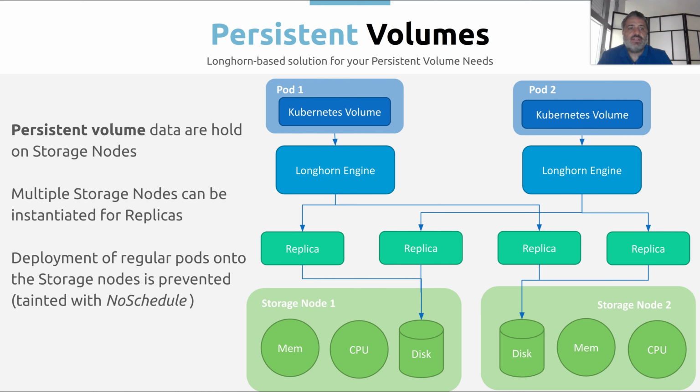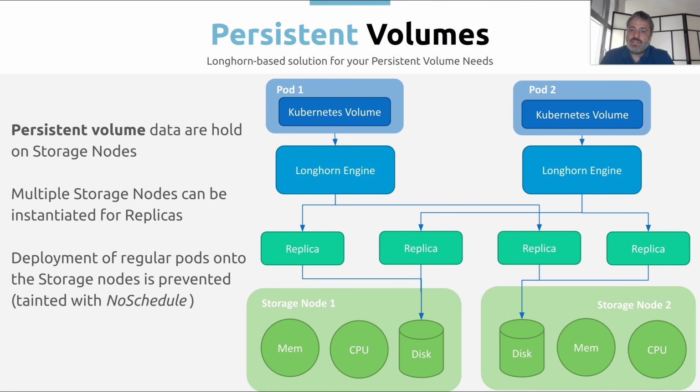Longhorn creates a dedicated storage controller for each block device volume, and then synchronously replicates the volume across multiple nodes. So we have multiple replicas on multiple nodes. In the Kubernetes appliance, we have the storage role that allows us to have multiple nodes where we can keep the Longhorn replicas. Okay.